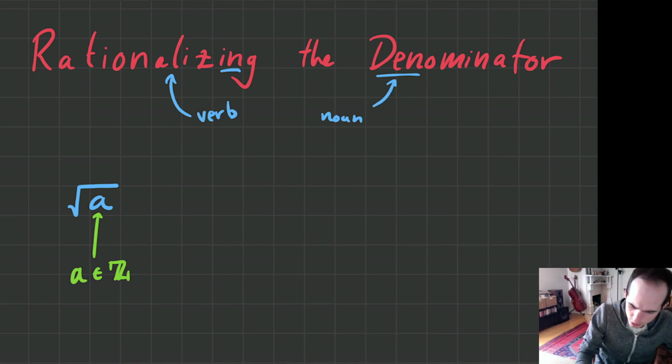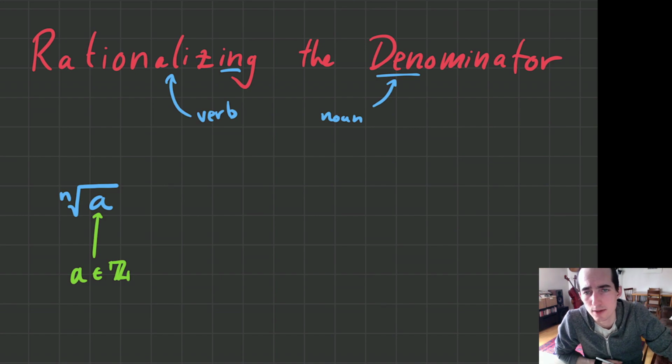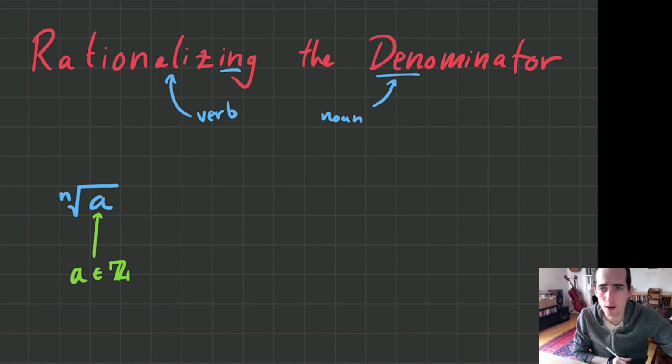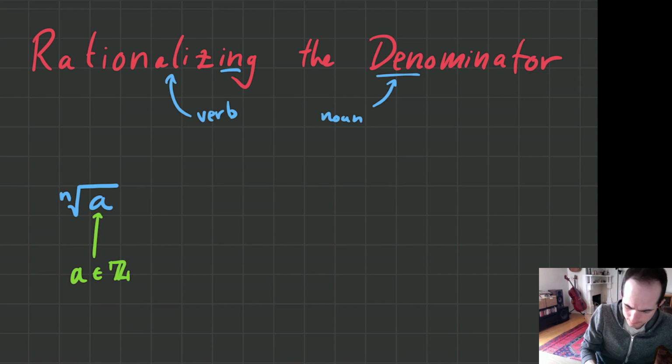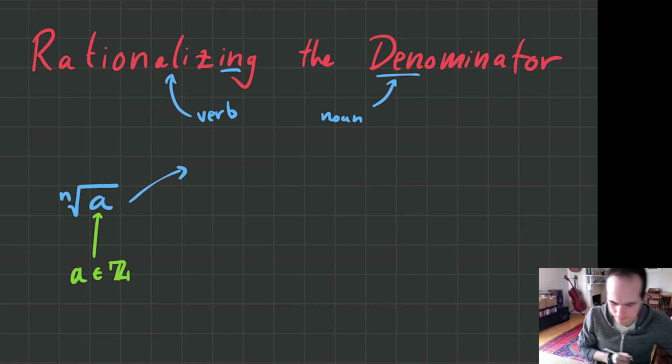And in fact, this is true if I take any root, an nth root, so that could be a square root or a cube root or a 500th root, doesn't really matter. There's two possibilities when you take the square root or any kind of root of a whole number. One possibility is that you get an integer back.